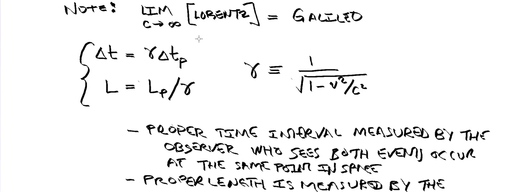In other words, I measure the time interval is greater than 1 second if Einstein says that it ticks once per second. And if Einstein says that the train is 100 meters long, well, I would measure the length of the train to be less than 100 meters.